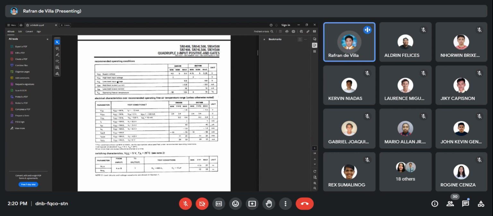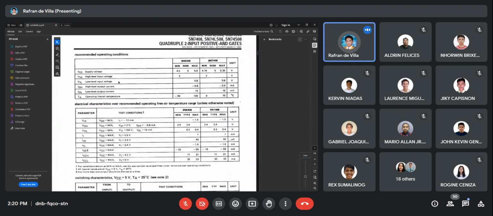Okay? So, what are the crucial parameters that we need to watch? Now, for once, you always take note of the following. The VI, voltage input, and IO, that is the current output. Then there is also current input, which is II.